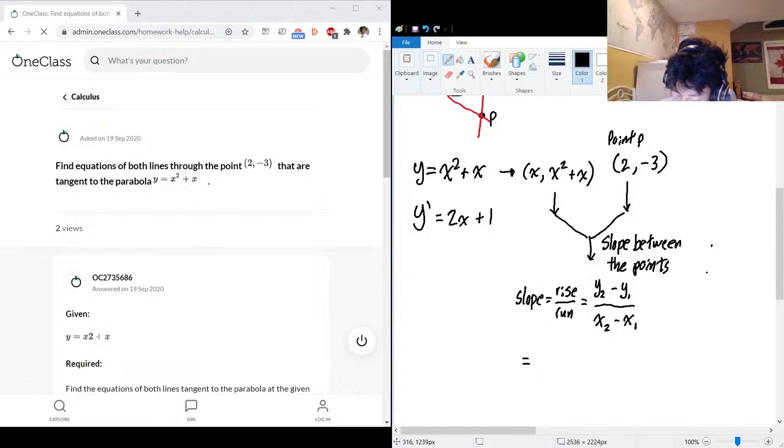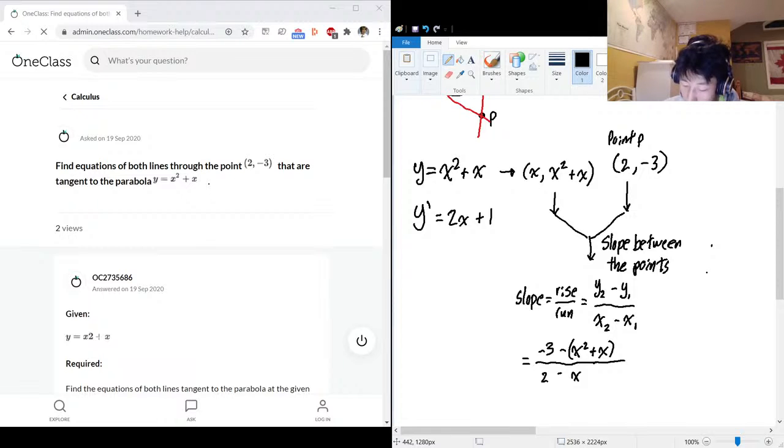So for y2 we've got negative 3. Here we have 2. And then on the top, we're subtracting x squared plus x. And on the bottom, it is just x, which is the departure point.